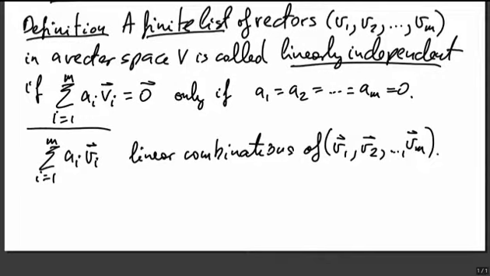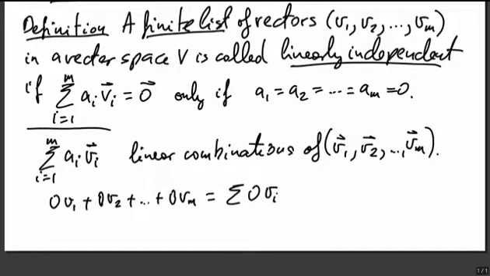Also, there is another definition: 0 times v1 plus 0 times v2 plus 0 times vm. I could also write this, of course, 0 coefficient times vi and the summation as i goes from 1 to m, which is of course the 0 vector. And this is called the trivial linear combination.